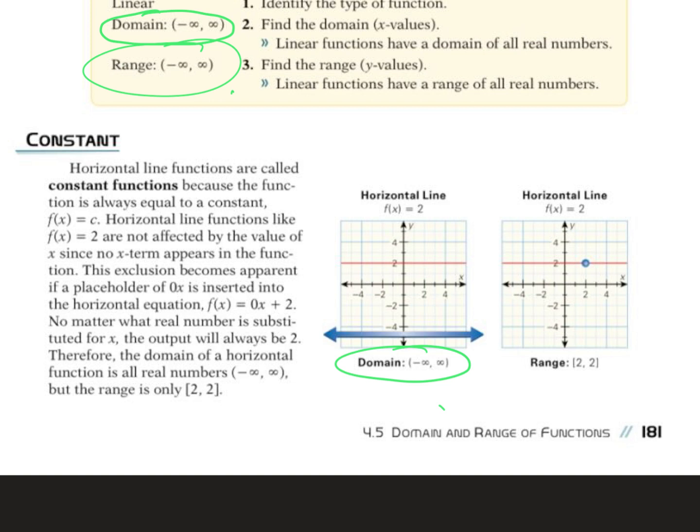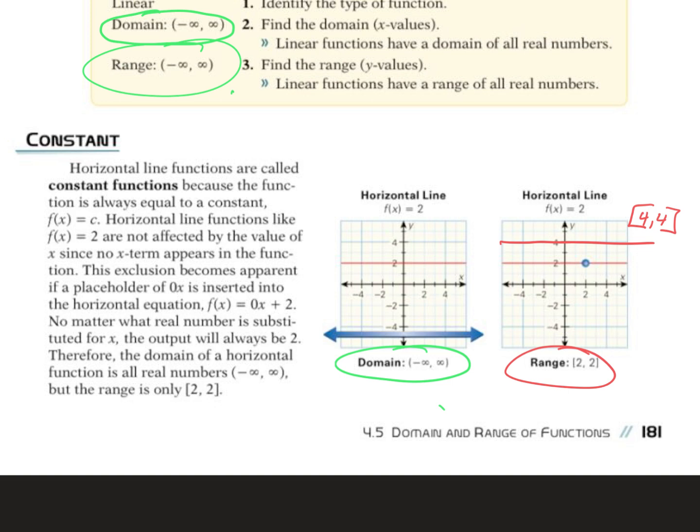It's always constant. But the range, is it going up and down at all? No. So in this case your range is 2 to 2, but it would be wherever it's at. So if my line was up here at 4, my range would be from 4 to 4. It stays at 4.